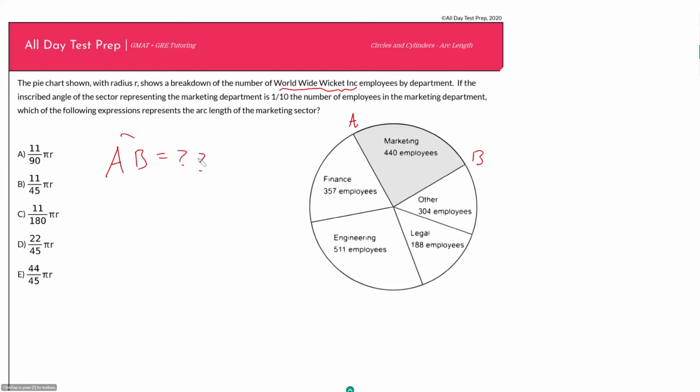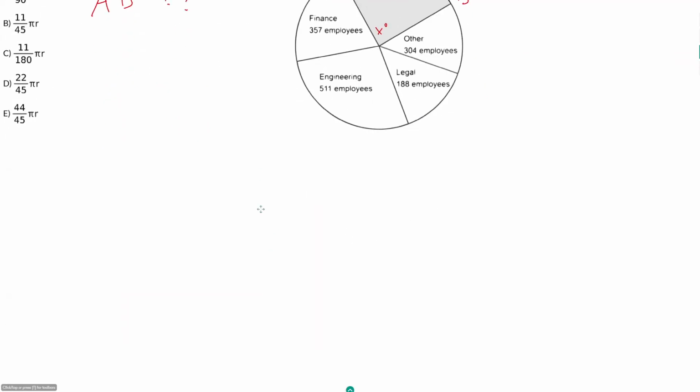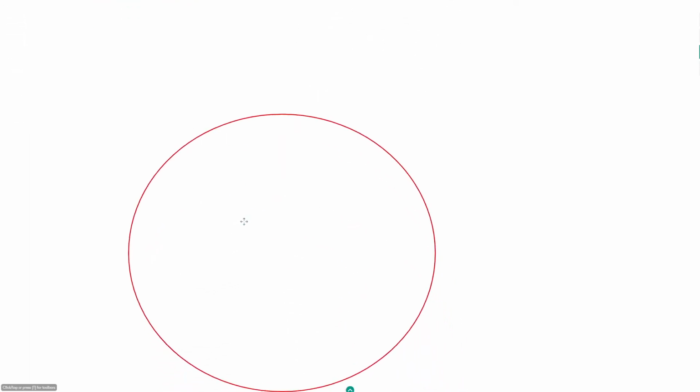So how to find that? We need to find the central angle, which is this angle here, of the marketing department. So we can imagine redraw this sector by itself.